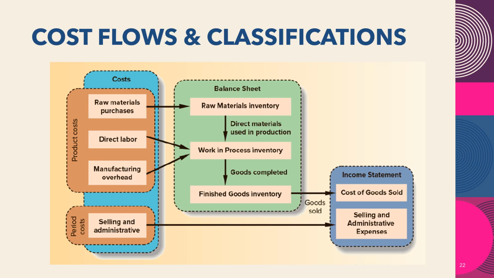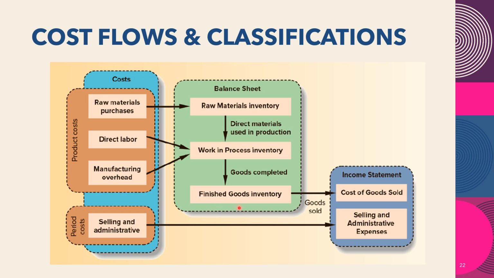Here are the cost flows and classifications for preparing financial statements. This is the balance sheet, and this is the income statement. We have two different kinds of costs: one is product cost and the other is period cost. Product costs include raw materials purchases, direct labor, and manufacturing overhead. Together, they are accumulated in inventory under the balance sheet.